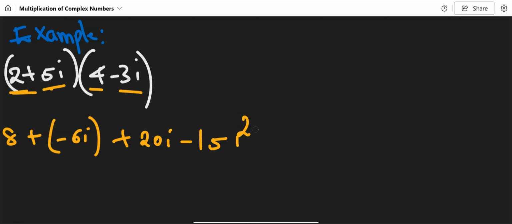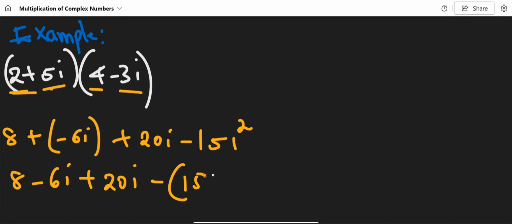So this is 8 minus 6i plus 20i, then minus 15 times negative 1, because as I said, i squared is negative 1.